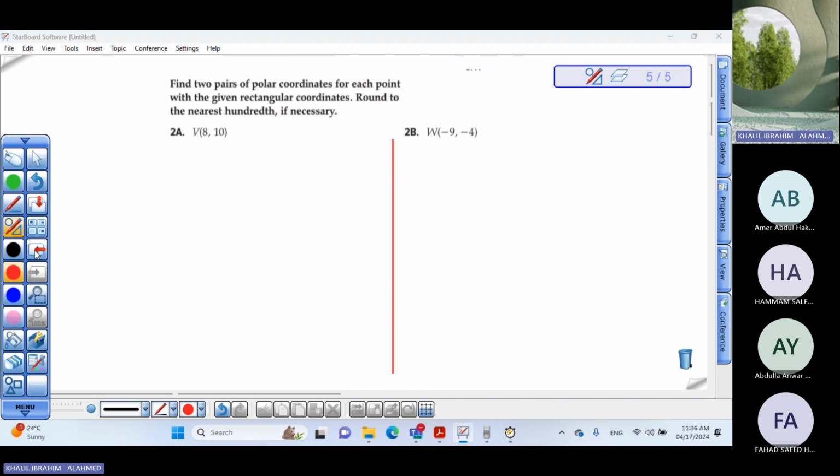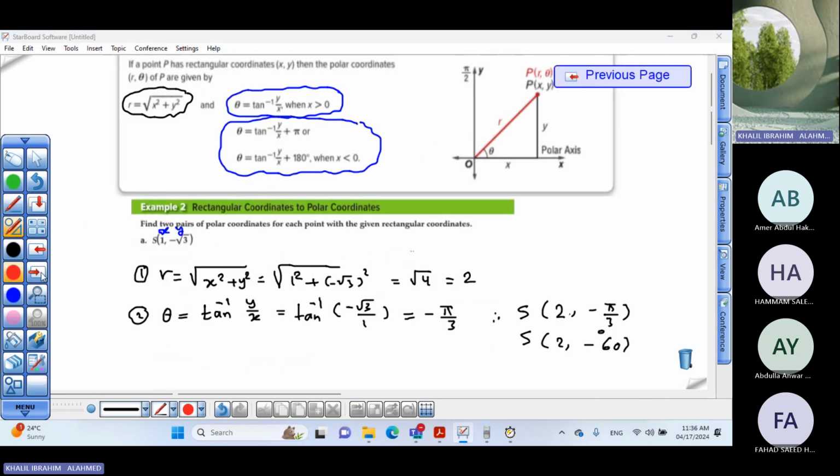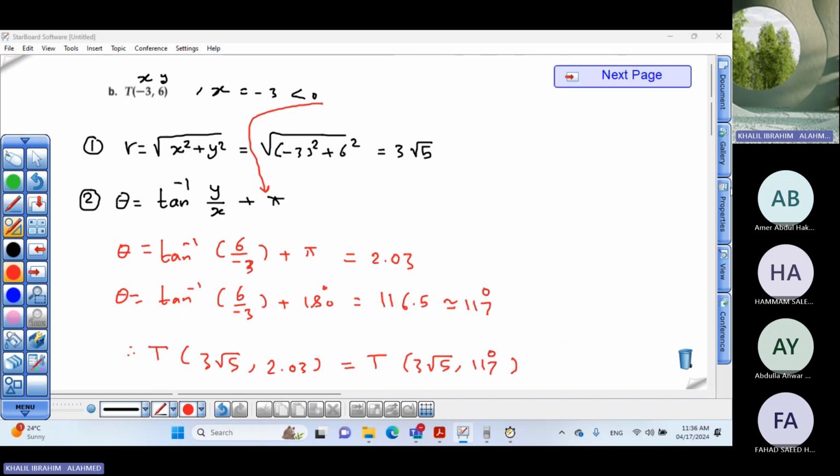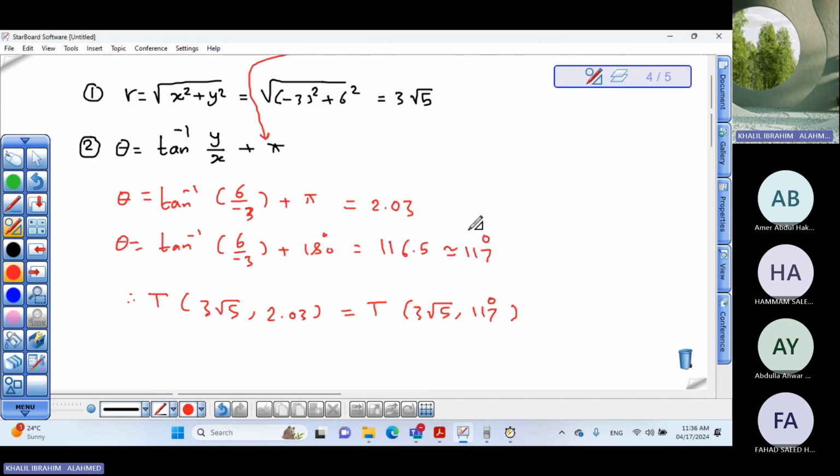Don't forget to find the other representation. Here we just found one representation.